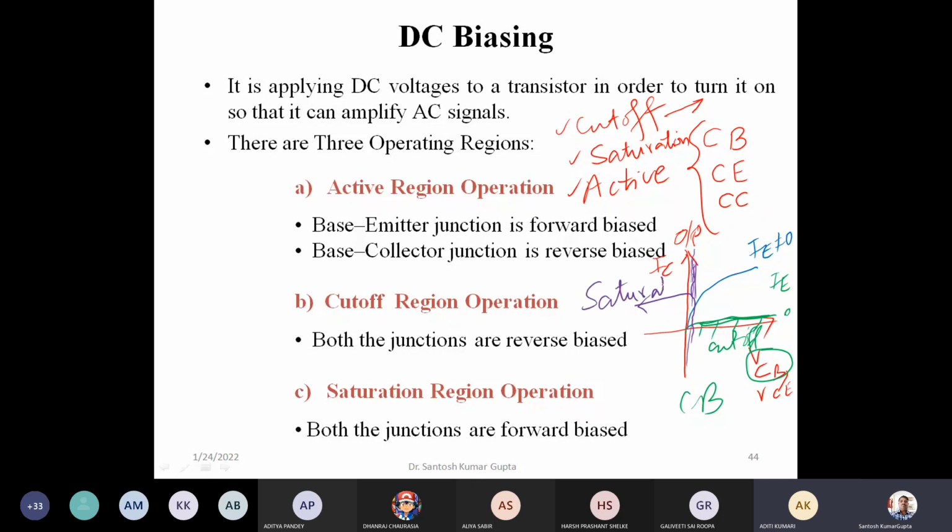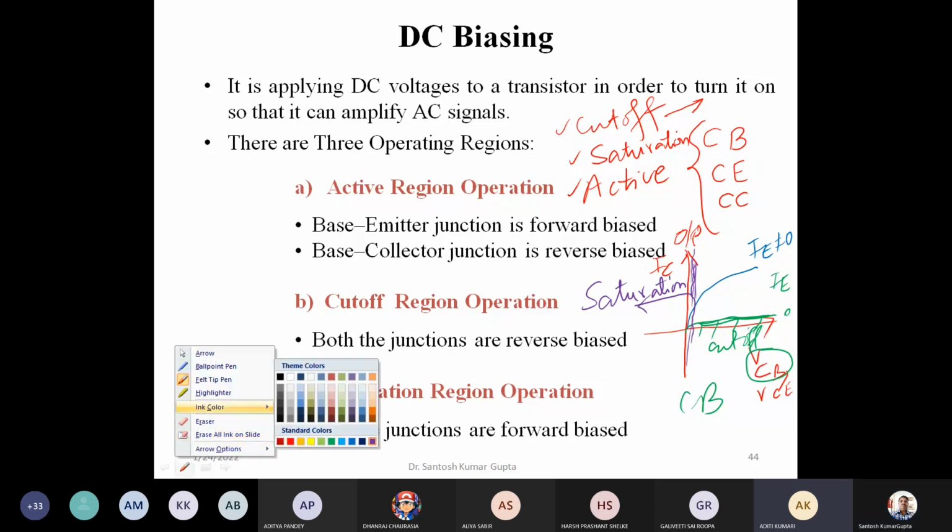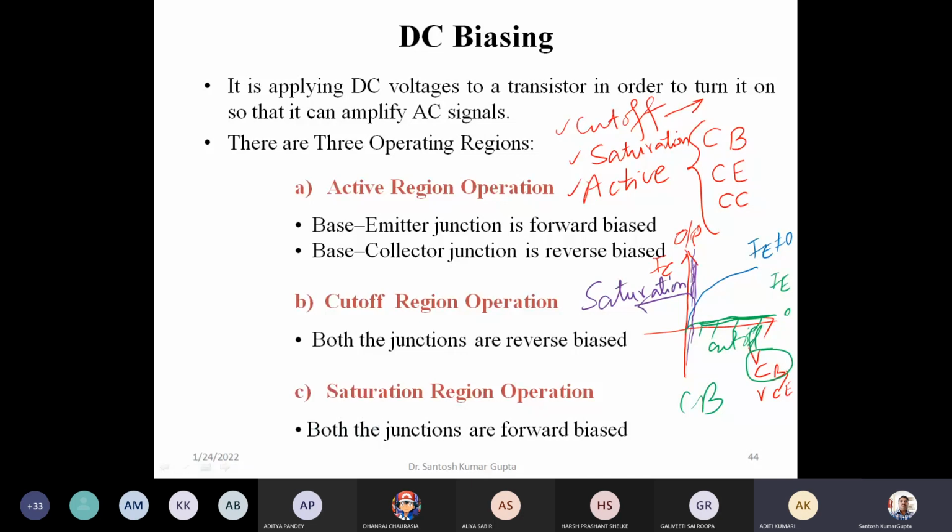Between the saturation region and the cutoff region we have the active region. So this full region here is called the active region.